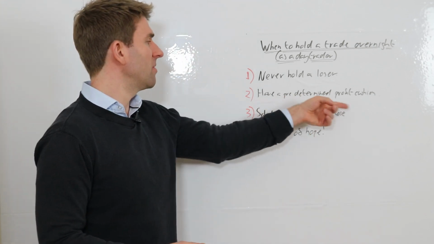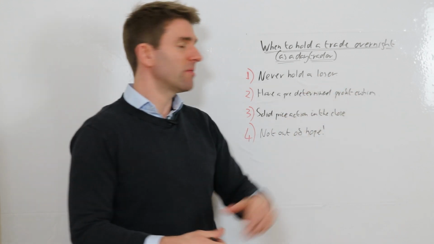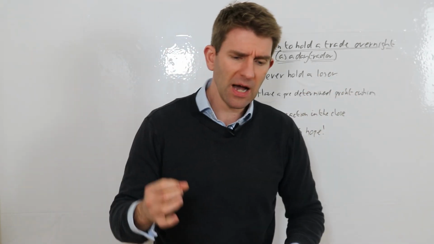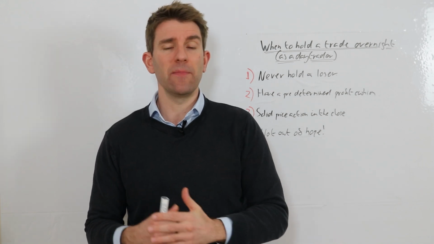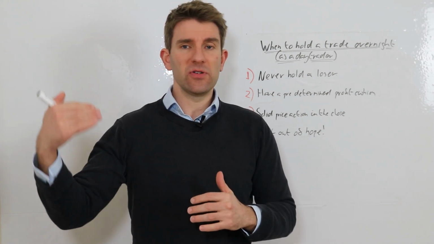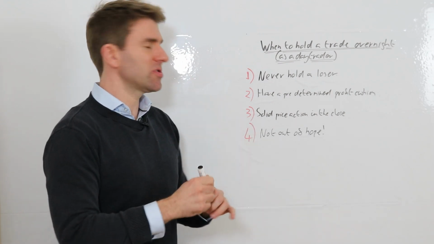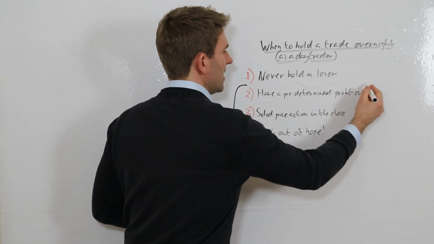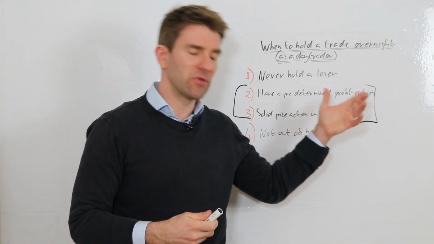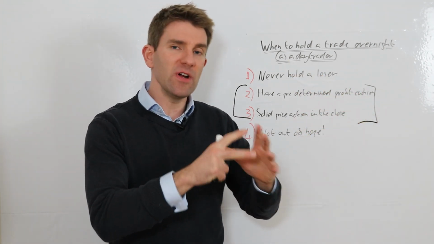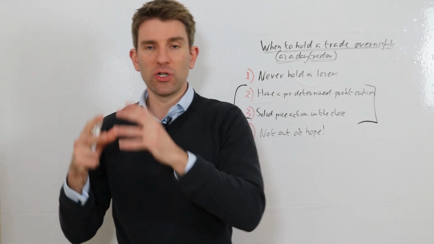Number two is to have a predetermined profit cushion. That might not be in dollar amounts, and in fact let me put these together, because the profit cushion might depend on your size and all this type of stuff. I really want to see a good closing structure.